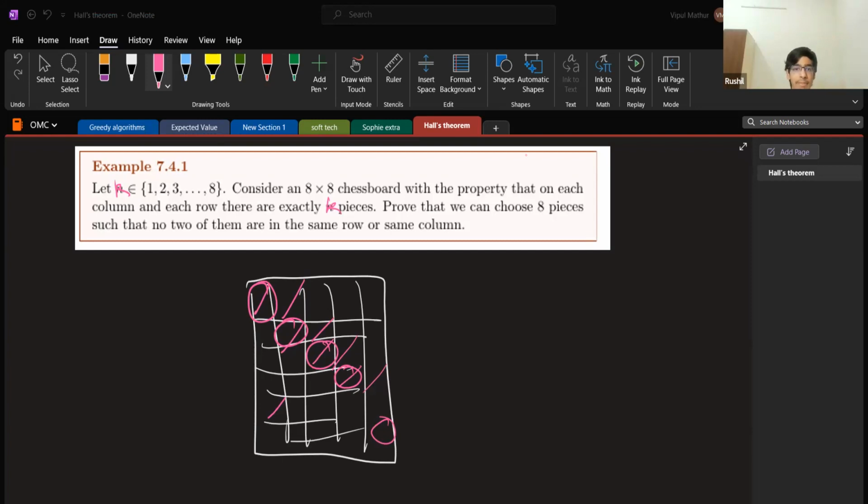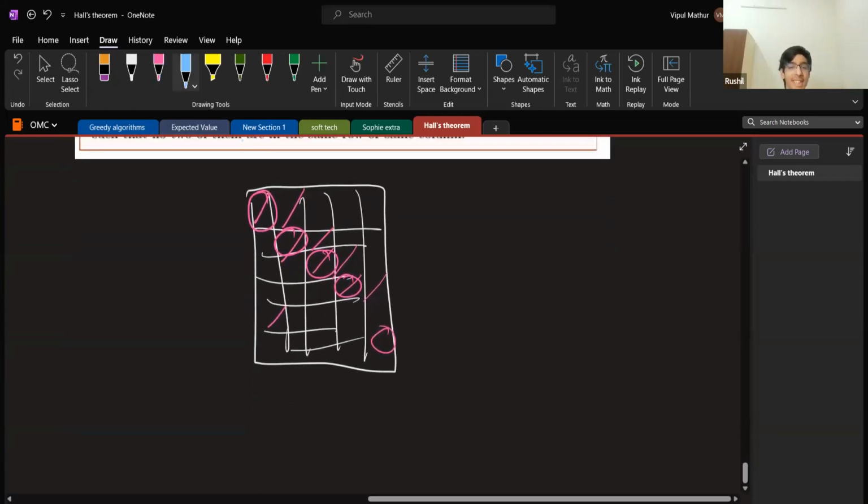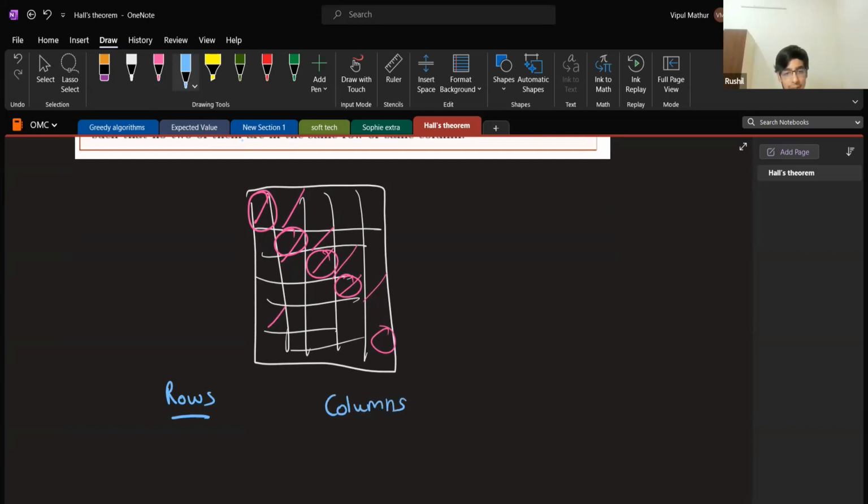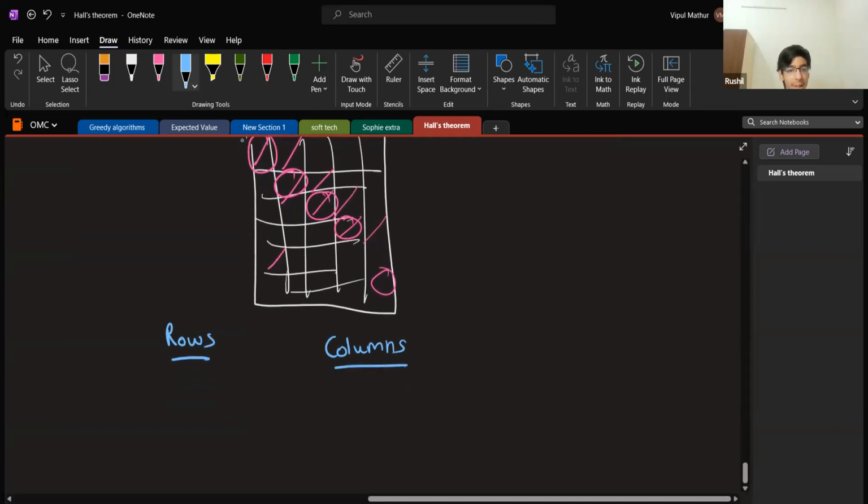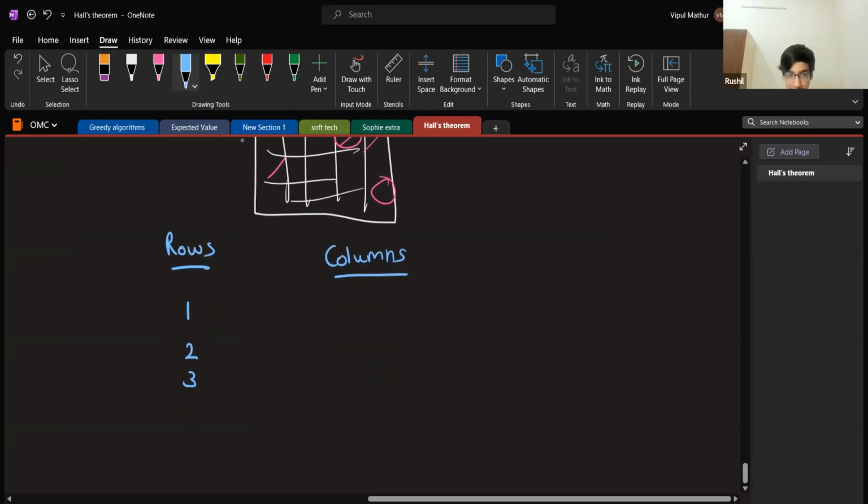And again, it's going to be Hall's theorem to our rescue. The whole idea of this problem is something that comes up a lot, which is thinking of a grid as a bipartite graph. Basically you have these rows and you have these columns. You think of row 1, row 2, row 3, all the way till row 8, and column 1, column 2, all the way till column 8.